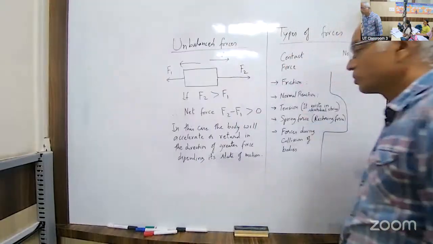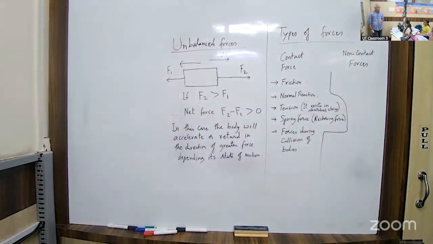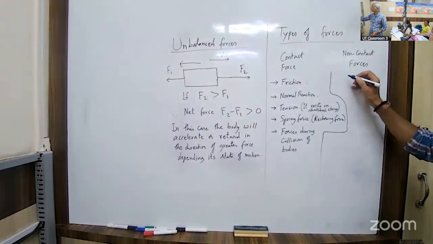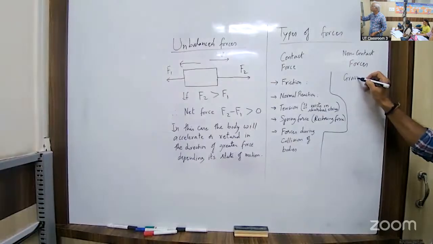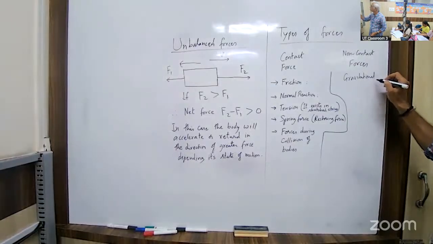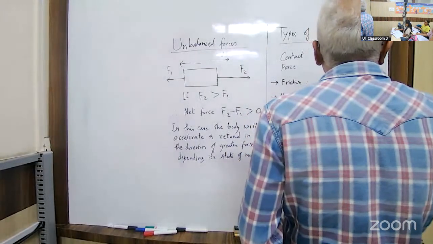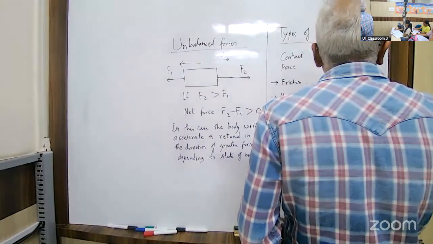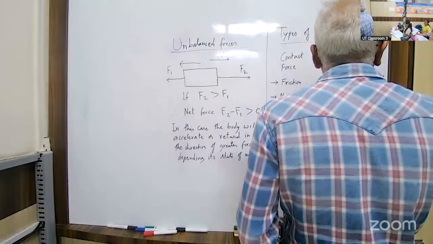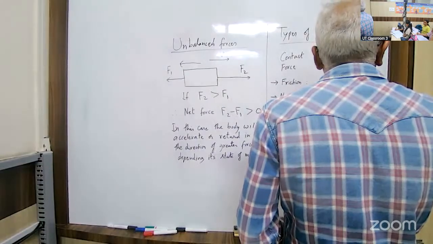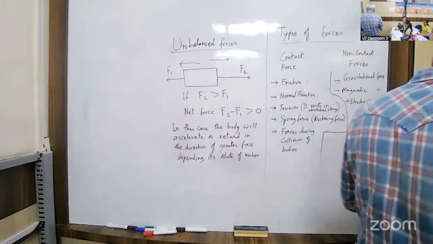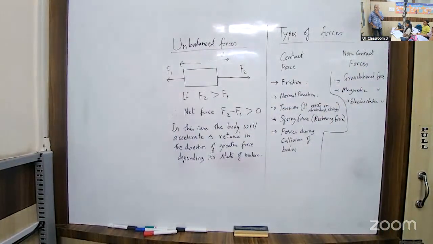Then there are certain forces that act at a distance. There is no need to be in contact. What is the example? Magnetic force. Magnetic, gravitational, electrostatic. So these forces act over distance. So the bodies may not be in contact, right?